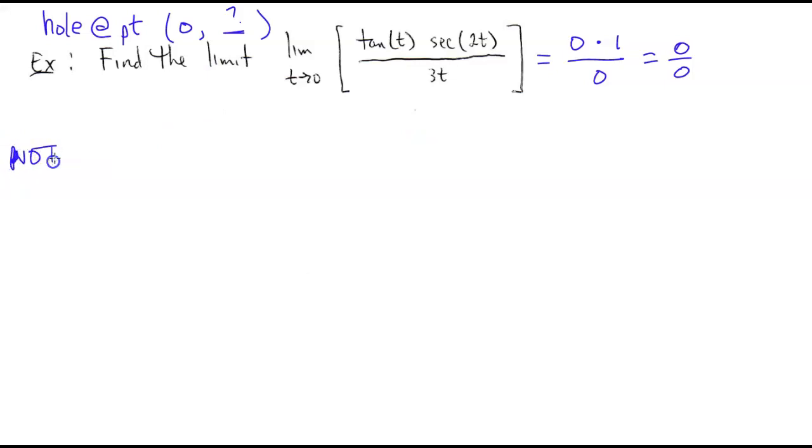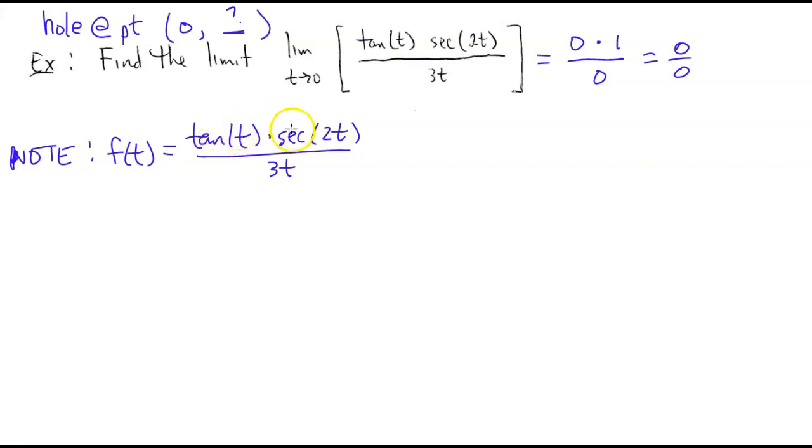All right, so here we're going to say, note, and let's say f of t, which is tangent of t times secant of 2t divided by 3t. We're just going to rewrite this, and basically all I'm going to do is translate tangent and secant into their equivalent forms.